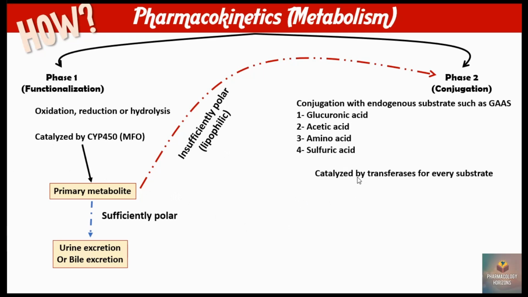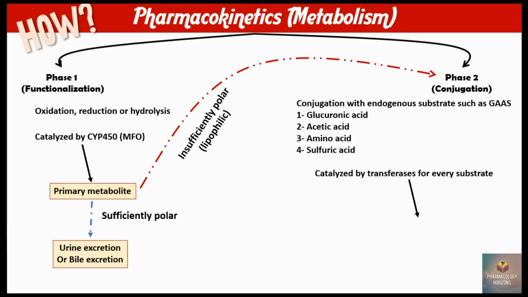These reactions are mostly catalyzed by transferases for every substrate. So, for example, conjugation with glucuronic acid is catalyzed by glucuronyl transferase, acetic acid by acetyl transferase, sulfuric acid by sulfotransferase, and so on.